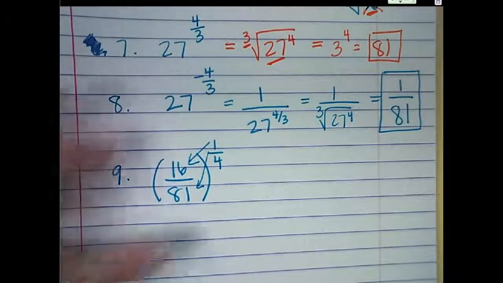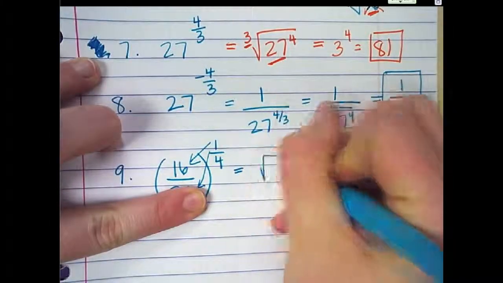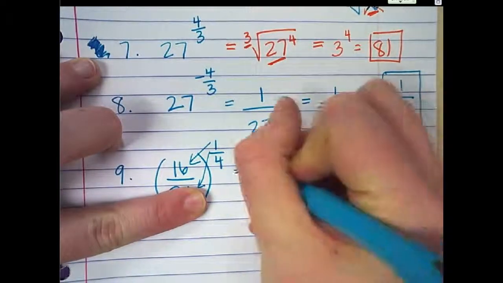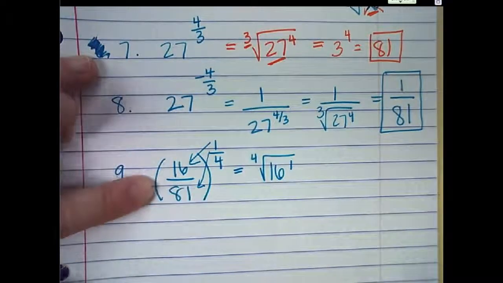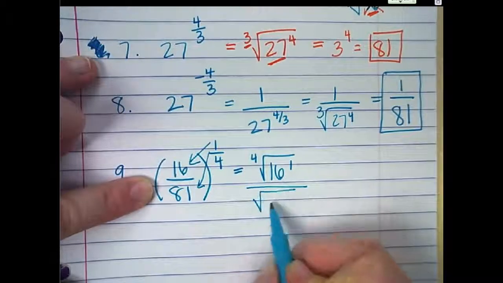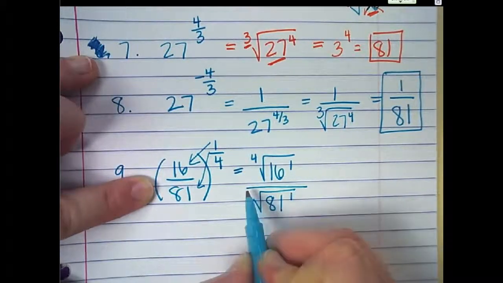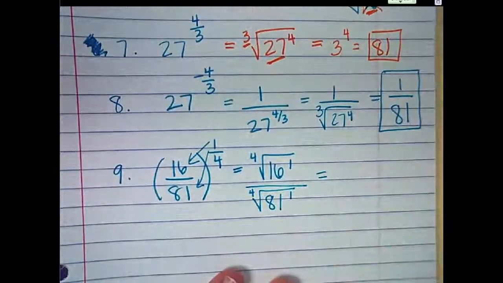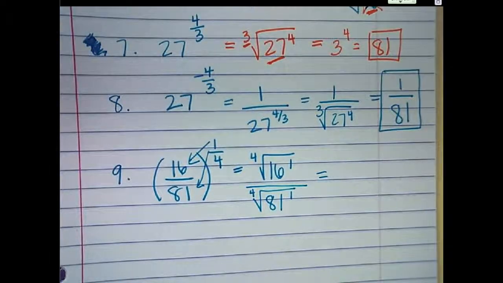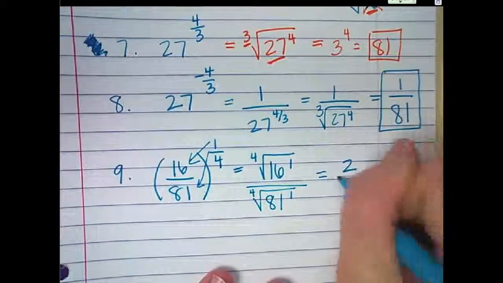If I didn't have the 81 here, and I just had 16, 1 is my power, 4 is my root. So because I have the 81, I just also write the 81 on the bottom. 1 is my power, 4 is my root. Then 4th root of 16 is 2, 4th root of 81 is 3, so just 2 thirds.